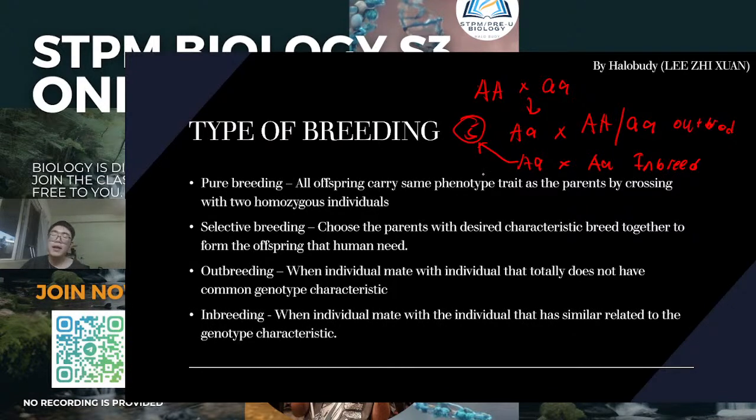So if I am self-crossed, I marry my sister to have children. Simply put. But for inbreeding, it does not mean that I have to marry my sister.